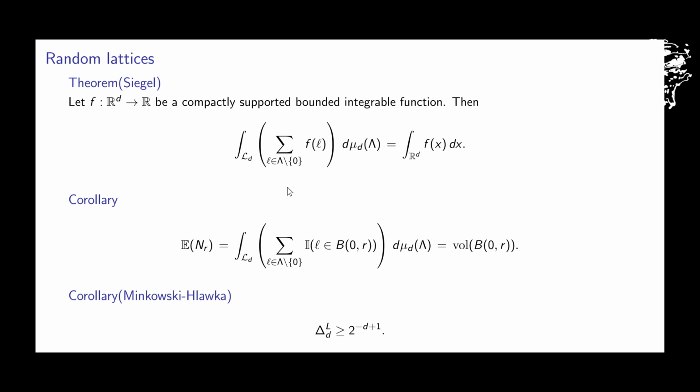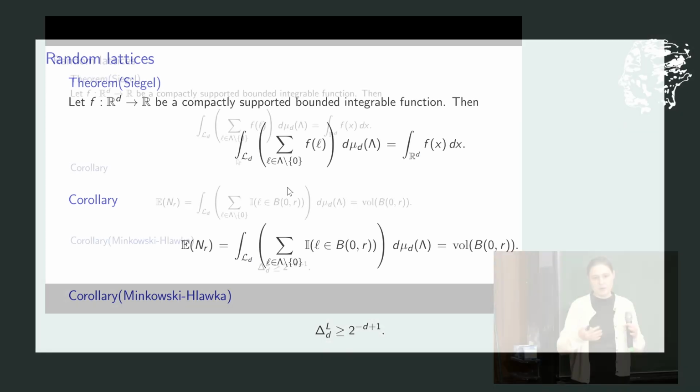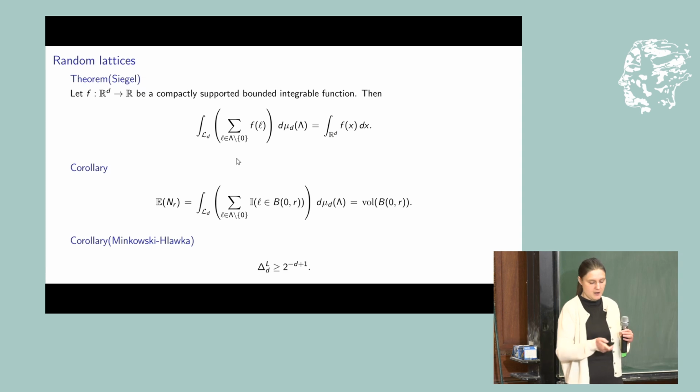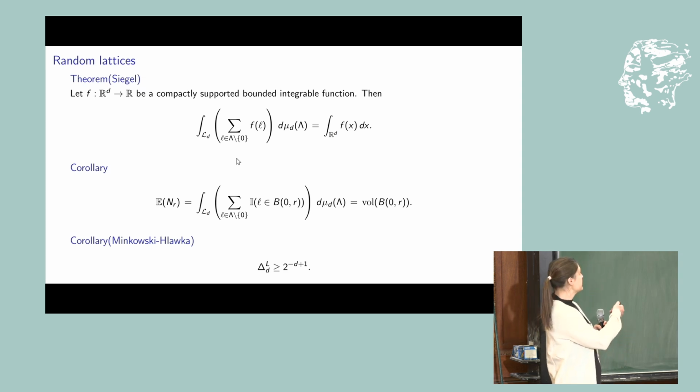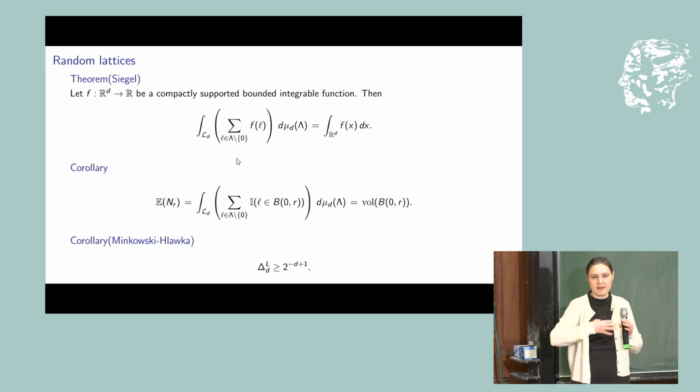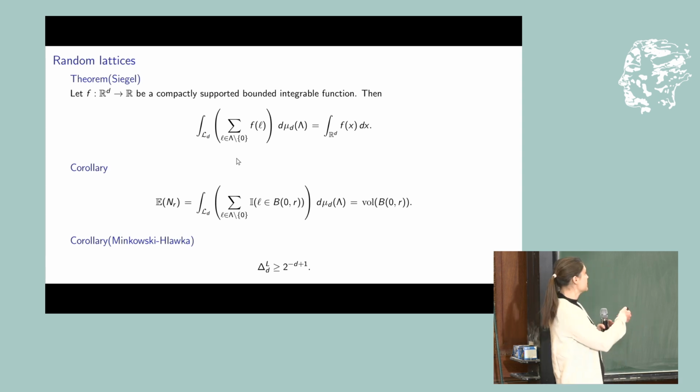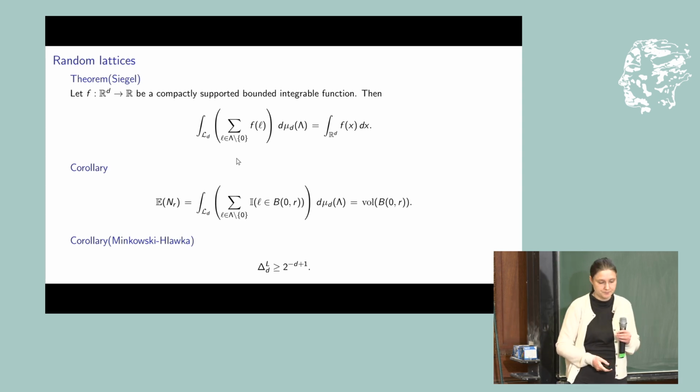And the answer is a very natural thing. What we will get as our expected value would be just the integral of our function over the whole space. And we can see this is actually a very reasonable answer, because if we take, for example, lattices of covolume 1, then these lattice sums all approximate the integral of our function over the space. And so it turns out that when we take all lattices, then all the noisy part just cancels out, and we are just left with this very intuitive term.